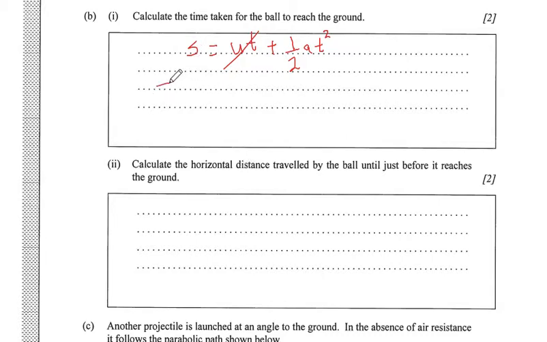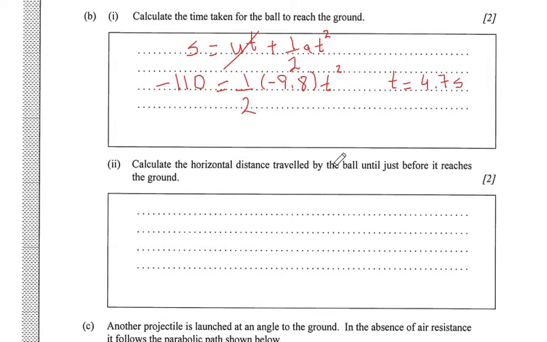We know the displacement is downward 110 meters, and we know that acceleration is downward 9.8. Complete the formula, t squared. When you solve for t, you get 4.7 seconds. So the 2 marks here would be the application of the formula and the answer.